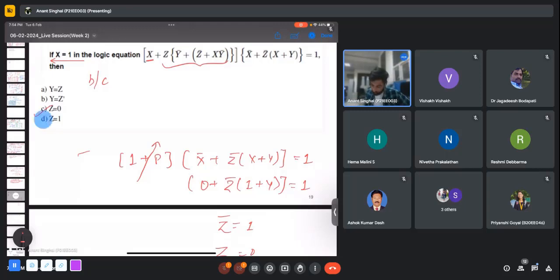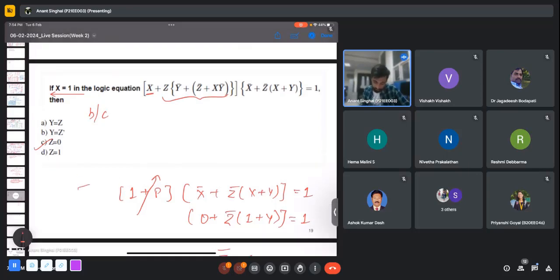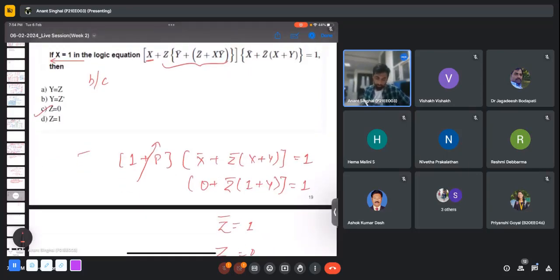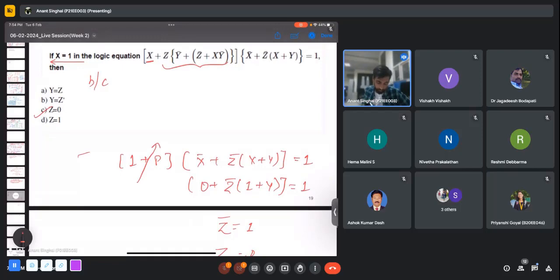Okay, y z complement. Is there any doubt in this? Someone has given the answer as B or even A. I've got all the options as answers. So maybe I can repeat the answer. It says x is 1 in the given question.